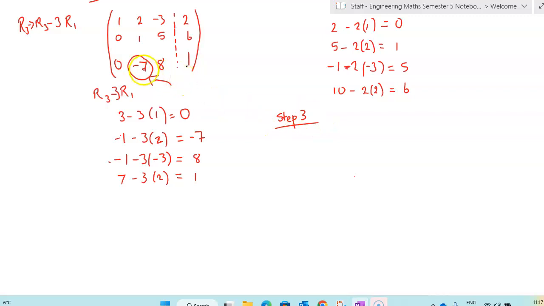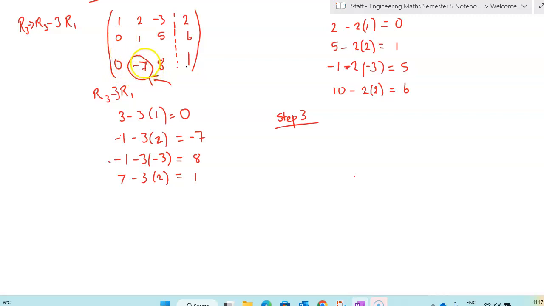We want to change this minus 7 to make it 0. At this stage, we can only use row 2 and row 3, because if we try to use row 1 again, we will lose this 0. If we subtract something that's non-zero, we'll lose a 0. That's not too bad though.